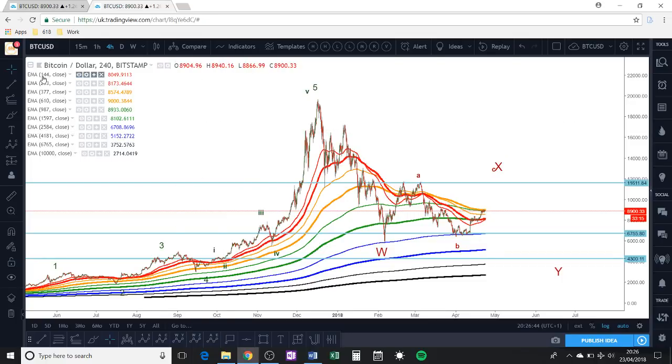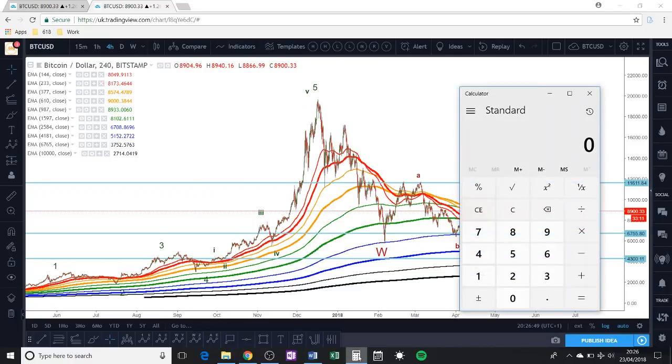So for example, let's take our 144, bring up our calculator here, 144 times 1.618, and you get your 233. Again, another 1.618 multiplication brings us to 377.